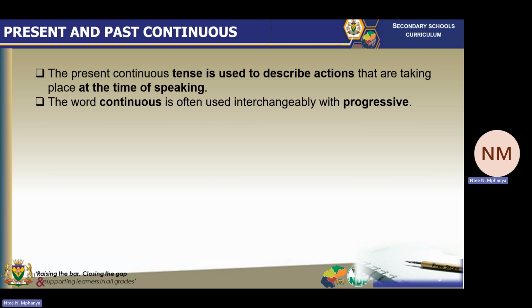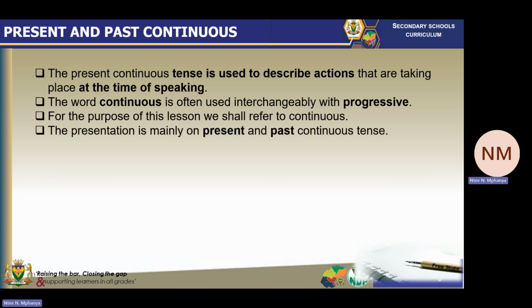Therefore, during the upcoming examinations or tests, do not get surprised when you see a question that says change the following or rewrite the following sentence in present continuous or present progressive tense. Remember, it will still mean that you'll have to rewrite it in present continuous. For the purpose of this lesson, we shall refer to continuous so that we avoid unnecessary confusion.